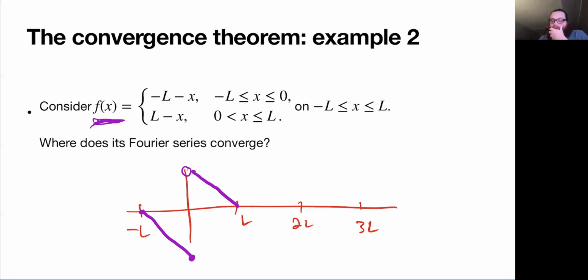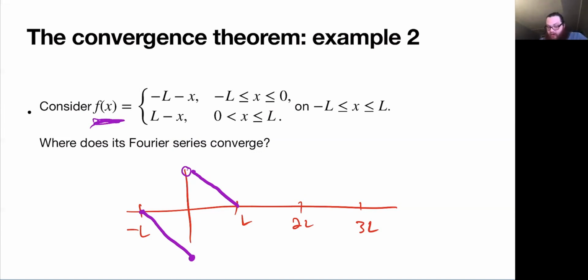To do that, let's take the periodic extension and see where that periodic extension is continuous. And that's exactly where the Fourier series converges. Wherever the periodic extension is discontinuous, the value of the Fourier series will be the average of the left and right limits of that periodic extension.